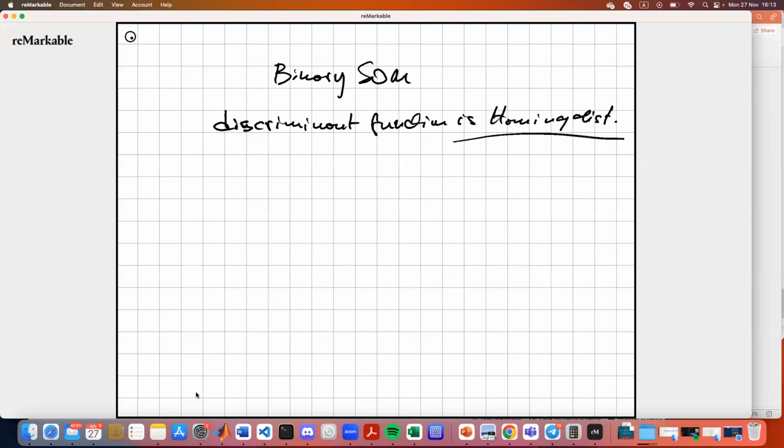But then when it comes to updating, for example, if a position of a certain weight was 1 and the new position is 1, you don't change.